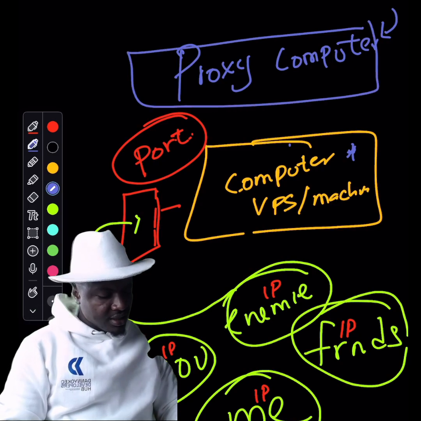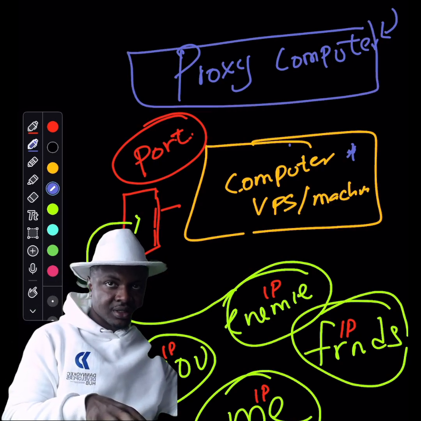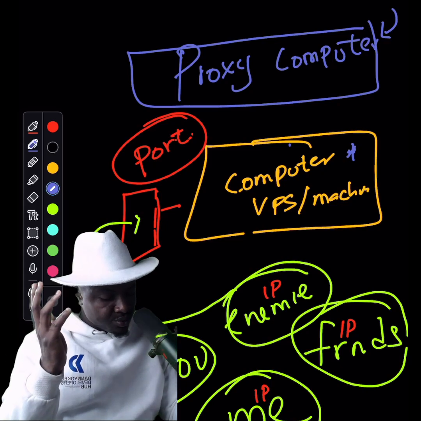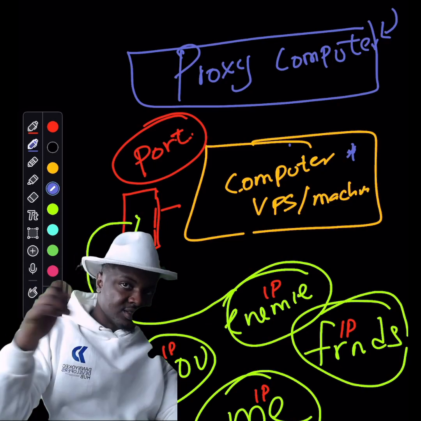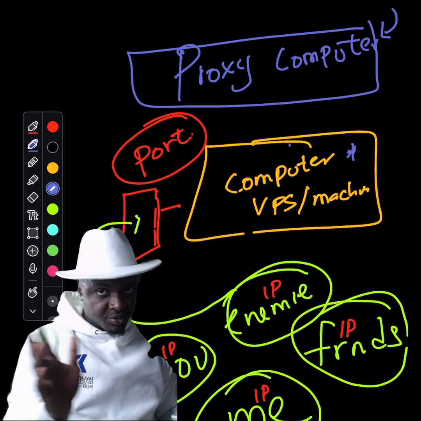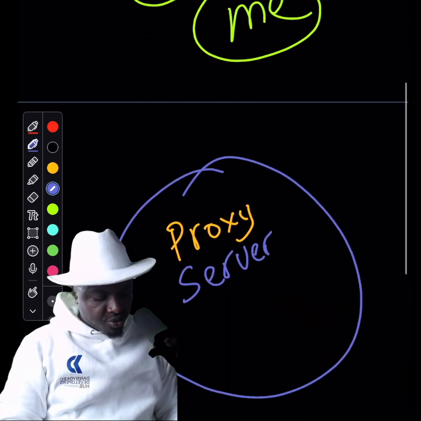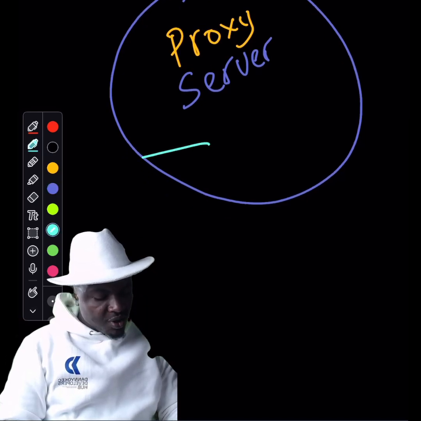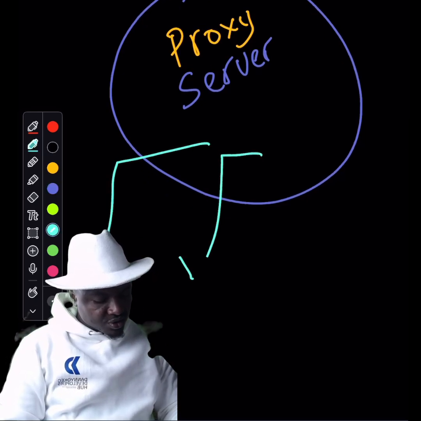Proxy computer. It means this computer over here, right now, it's basically for proxy. You can send it whatever request you want it to go and get. It will get it for you. Now it's a proxy computer because it's one. Now a proxy server, it's usually like having so many proxy computers.